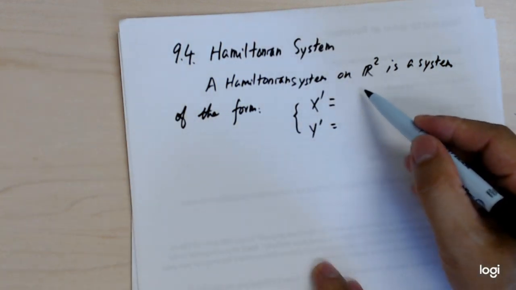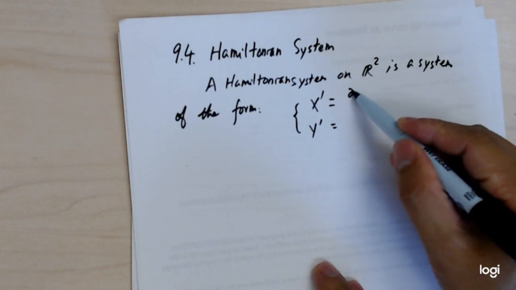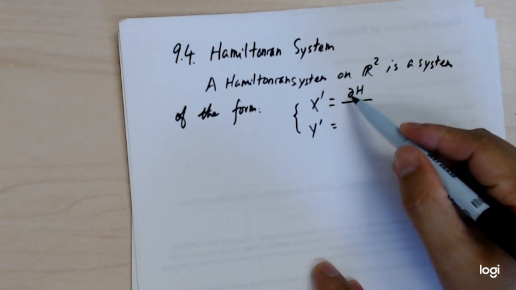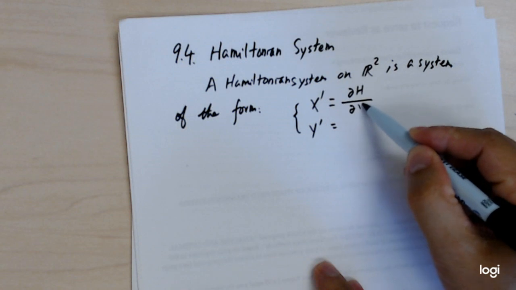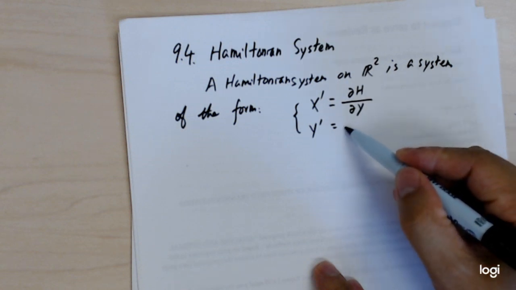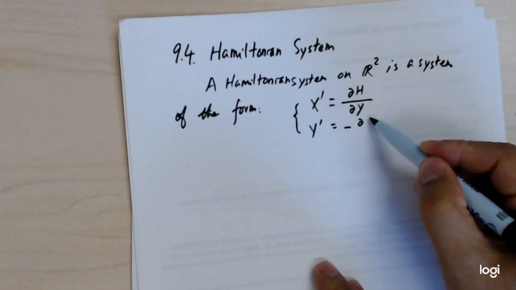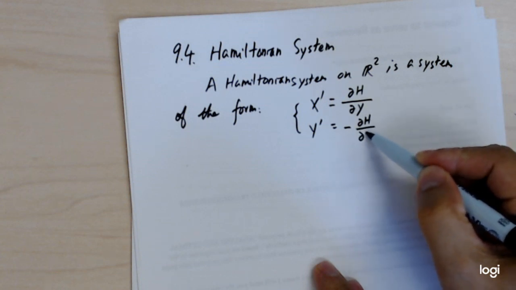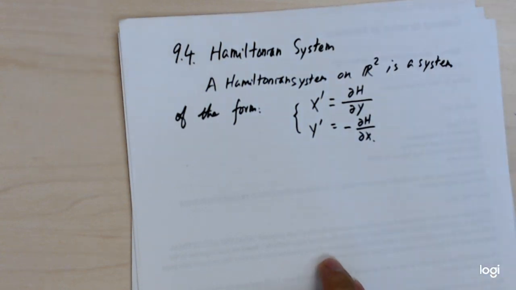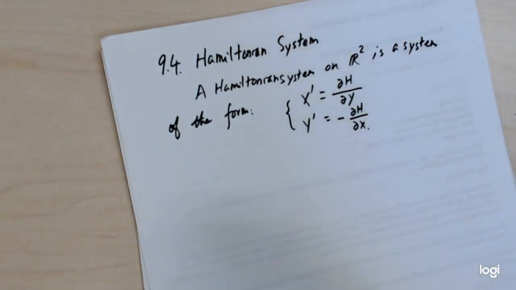Once again, if there is a function that we call H so that x prime is dH/dy, and y prime is negative dH/dx. And I can give you some examples that fall under this category.